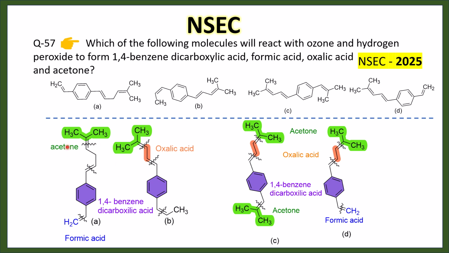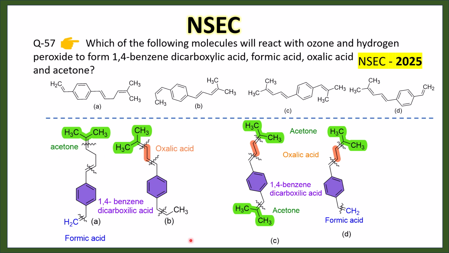In the first one, on cleavage, this part gives formic acid, this part gives benzene dicarboxylic acid, this part gives acetone, and this part gives propane-1,2,3-dialdehyde. We don't have propane dialdehyde in the products, we have 1,4-benzene dicarboxylic acid, formic acid, oxalic acid, and acetone.